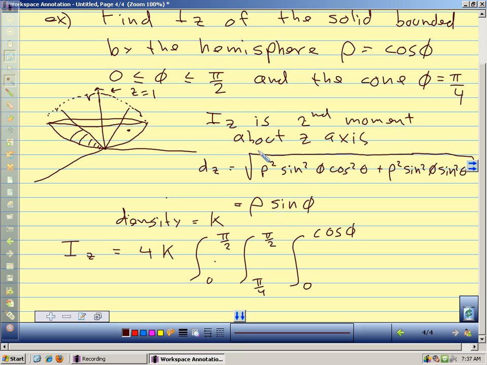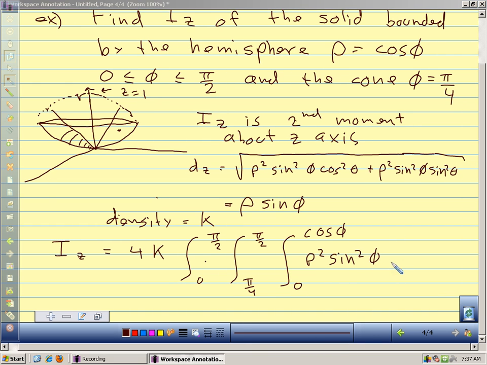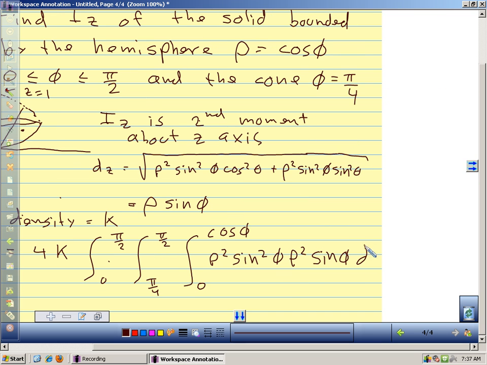And my I sub z is the distance from the z-axis squared, rho squared sine squared phi, times my volume element, rho squared sine phi d rho d phi d theta. So that's my dV.